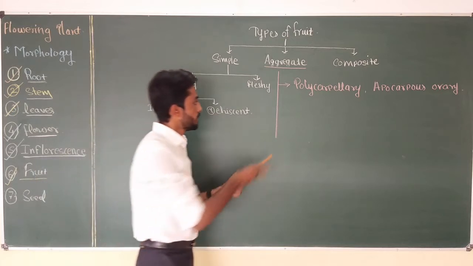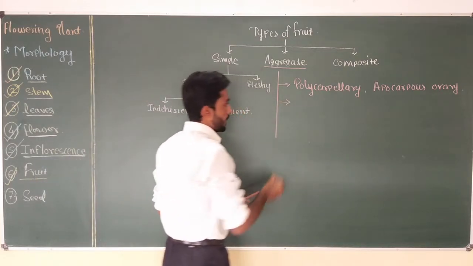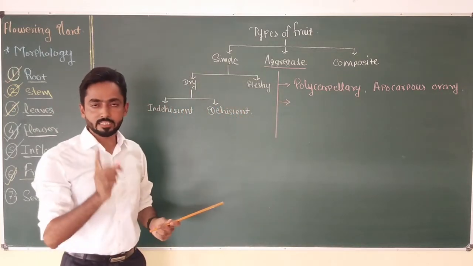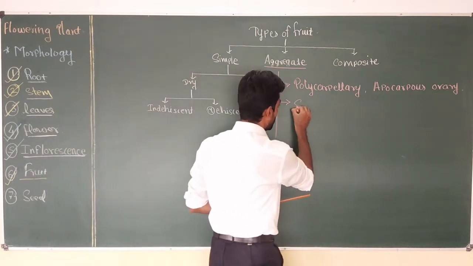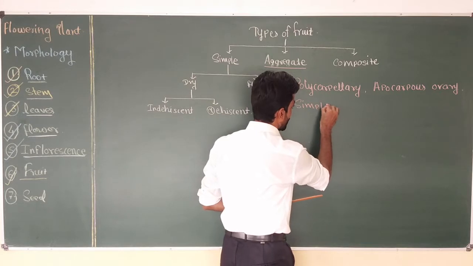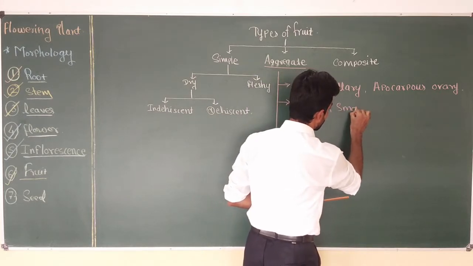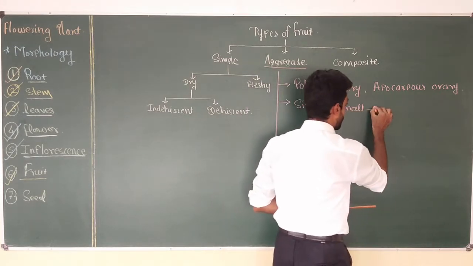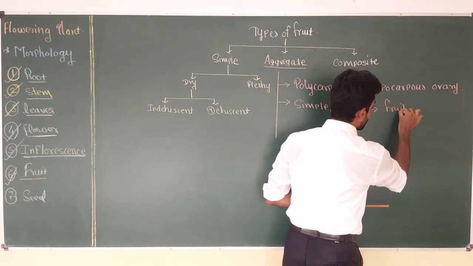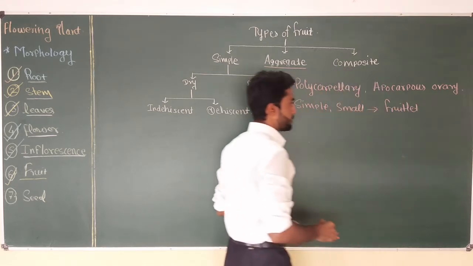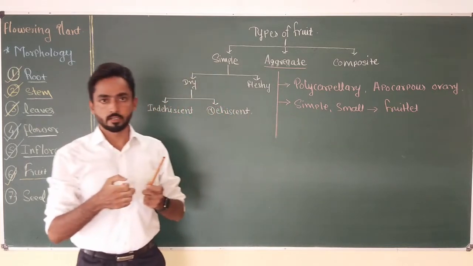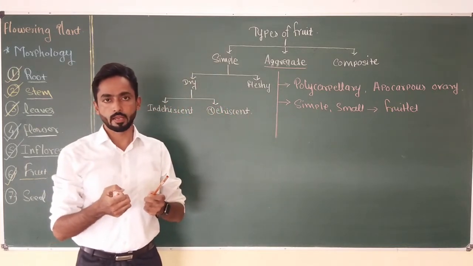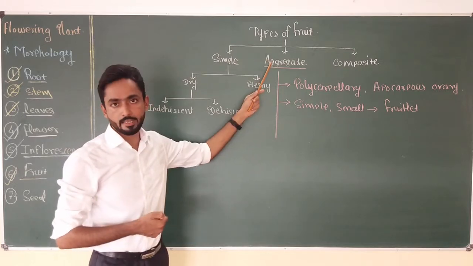Okay, now after fertilization, each carpel in this type of flower produces a simple small structure called a fruitlet. And these fruitlets come together, they form a group, and this group is called an aggregate fruit.